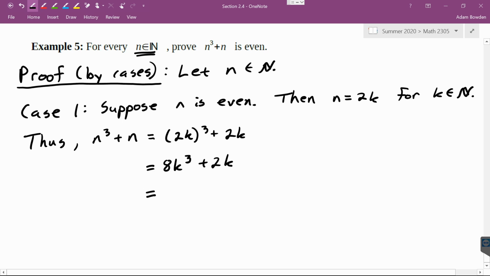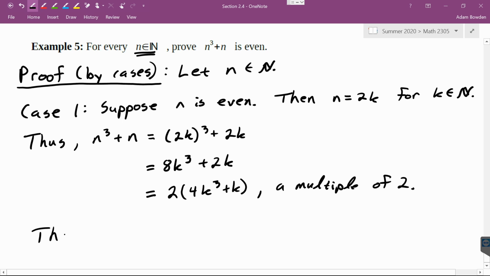Well, there's a common factor of 2. Everything's divisible by 2, so we could write that as 2 times 4k cubed plus k. And we can say that's a multiple of 2. Thus, in the first case, n cubed plus n is even.